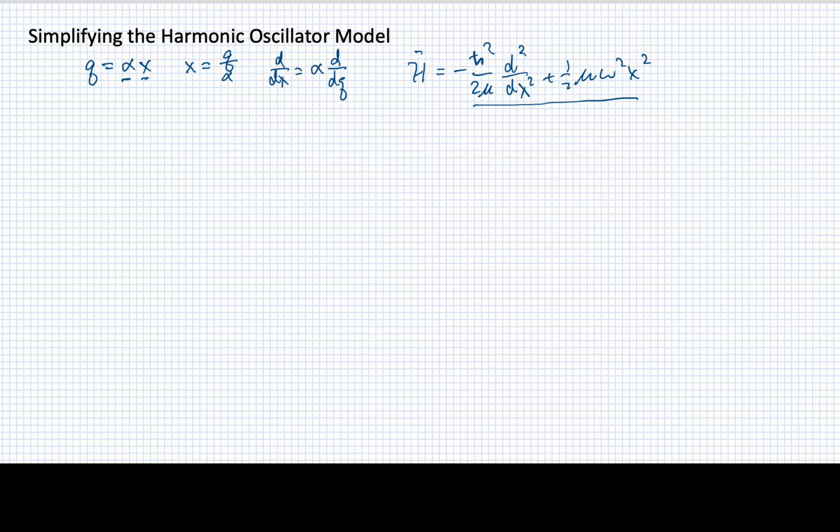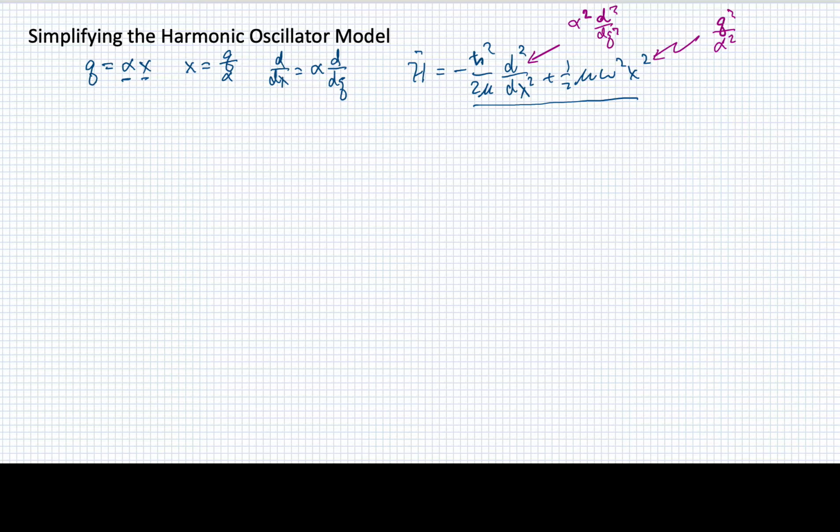Now, if I want to convert these things to q's, I've got to do the following. This thing here is going to be equal to alpha squared d squared/dq squared. And this thing here will be simply q squared over alpha squared.